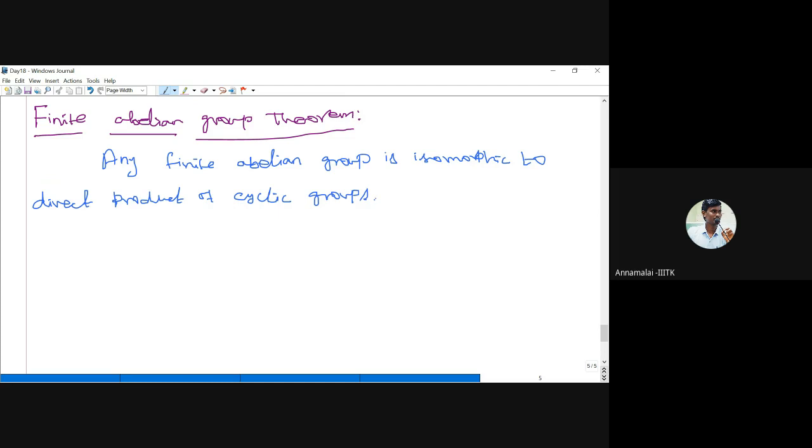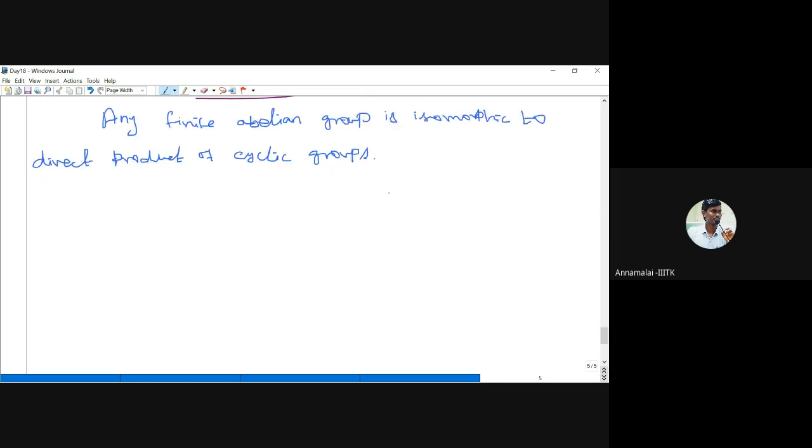It's a very important result. It's true only for finite abelian groups. Any finite abelian group is isomorphic to a direct product of cyclic groups. Since G is finite abelian, therefore the cyclic groups are also finite cyclic groups.